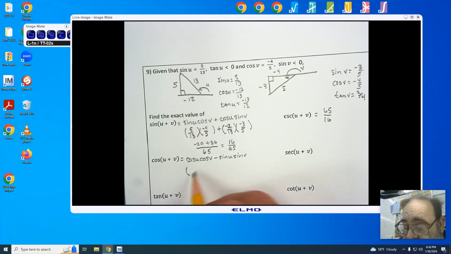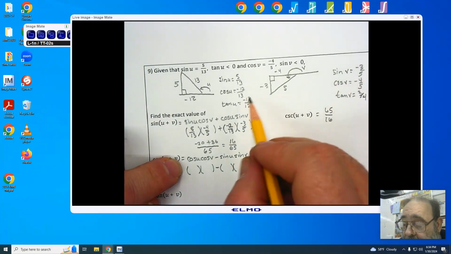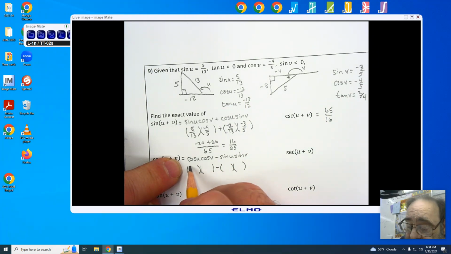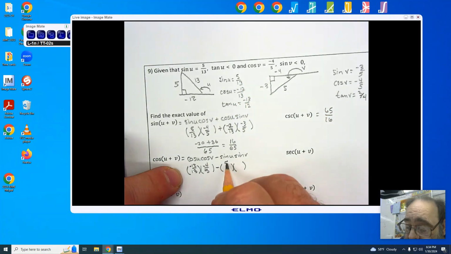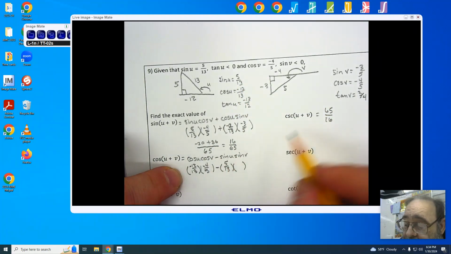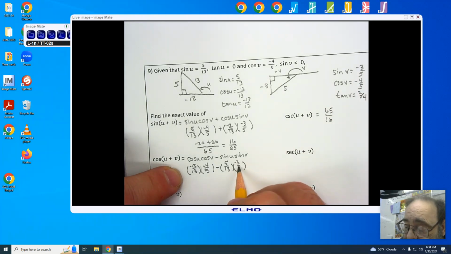We're now going to do a direct substitution again. And as I do this, I end up having the cosine of u, let's find it, negative 12/13. Cosine of v is negative 4/5. Sine of u is going to be positive 5/13. And then we have the sine of v, which is negative 3/5.